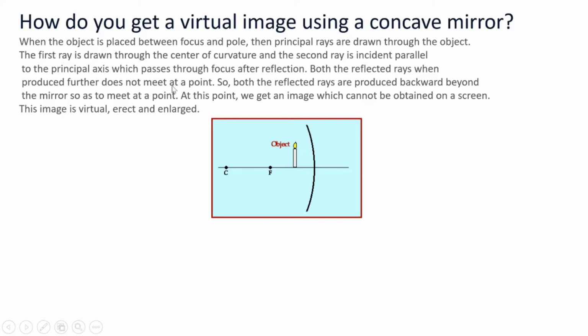How are they reflecting? The first ray is drawn through the center of curvature and the second ray is incident parallel to the principal axis, which passes through the focus.